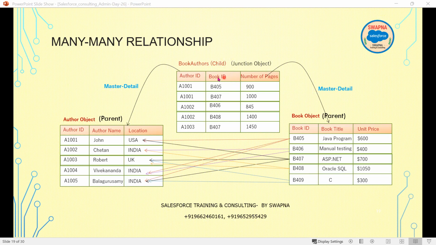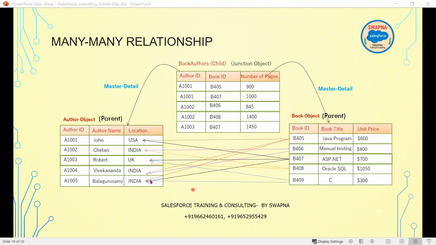So that means object 1 to object 2 will be a one-to-many relationship, and object 2 to object 1, one-to-many relationship. In case you see in real time that objects are associated with one-to-many relationship from both ends, that means it is a many-to-many association or a junction object.